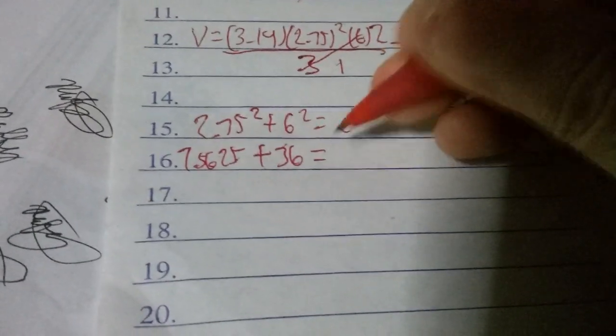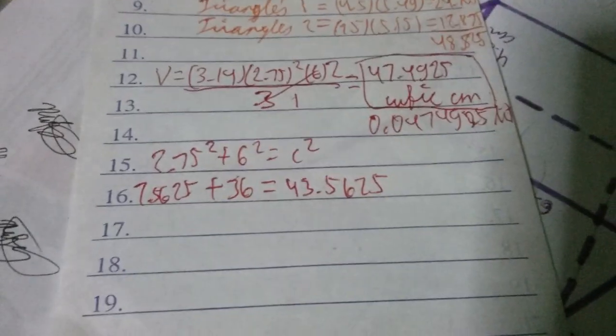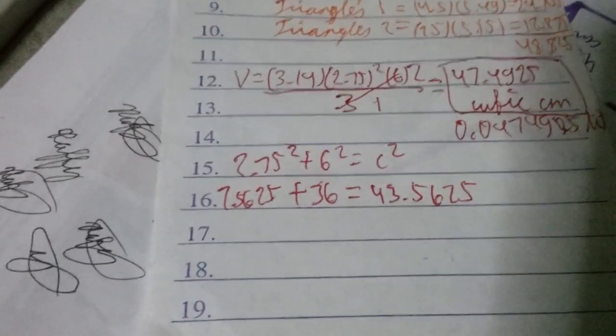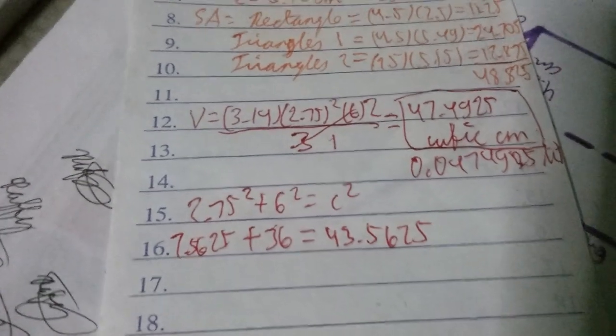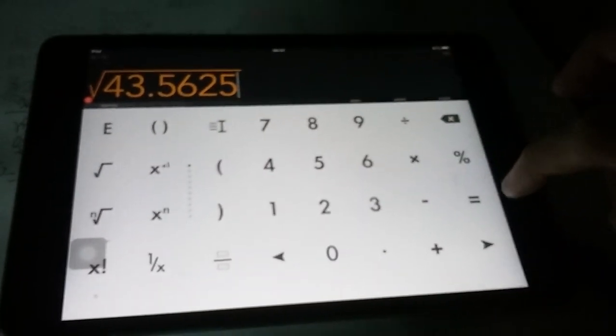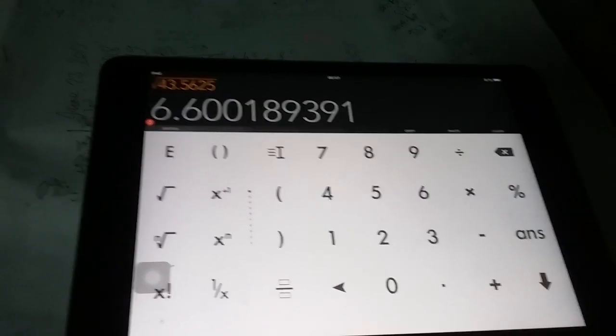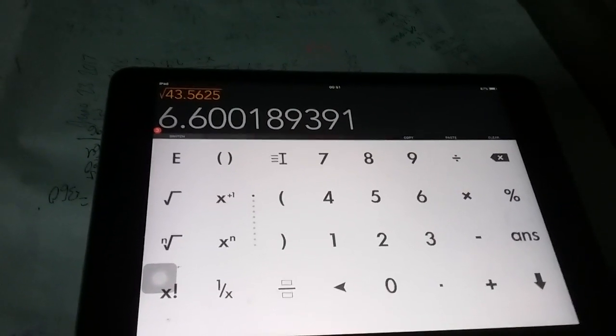When we add this up, we should get 43.5625. Then take the square root of that number, the square root of 43.5625, we should get 6.6. So therefore, that is the slant height. The slant height measures 6.6.